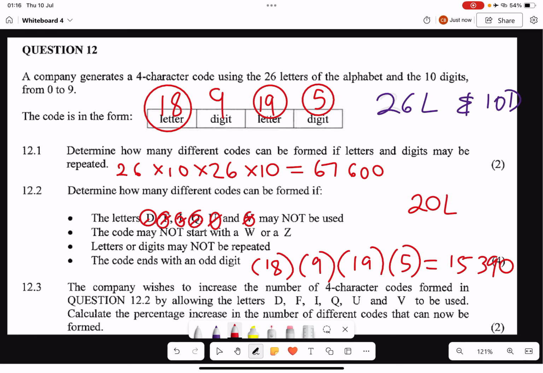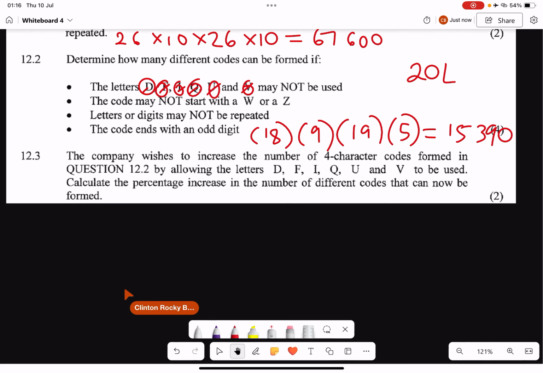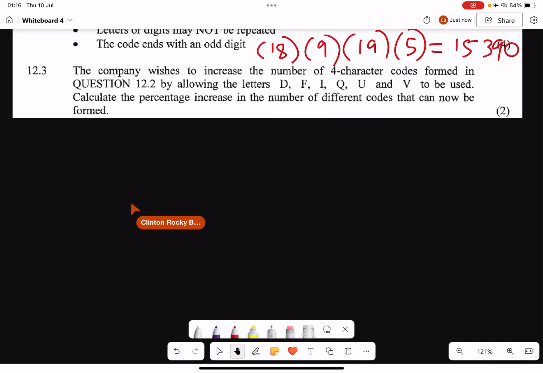Right, ladies and gentlemen. Now let's come to this part. They say the company wishes to increase the number of 4-character codes formed in question 12.2 by allowing the letters to be used. Calculate the percentage increase in the number of different codes that can now be formed.